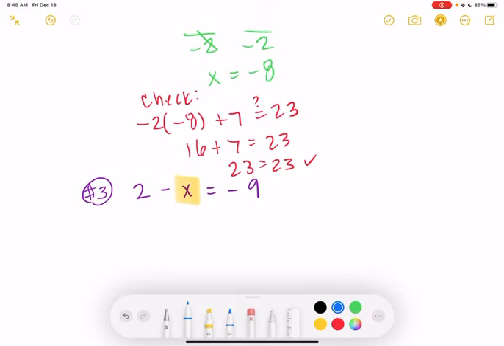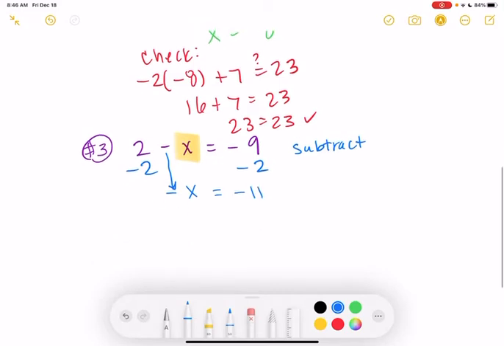We should subtract, right? We want to get it off of there. So I'm going to do a minus 2 from both sides. And here, a lot of people just write x, but don't forget to bring down that negative, okay? That negative stays with the x right now. So now I have negative 9 minus 2 is a negative 11. So I have negative x equals negative 11.